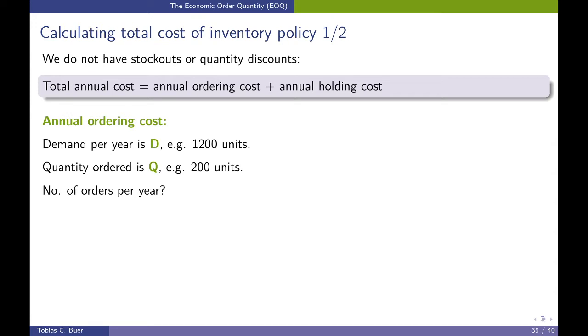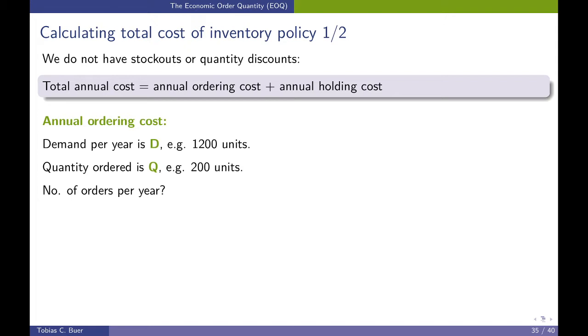Recall, we did not include back orders or stock outs because we assumed we know the demand for sure. So we only have the annual ordering cost and the annual holding cost, and both together build our total annual cost.